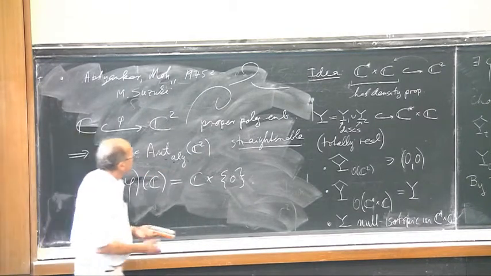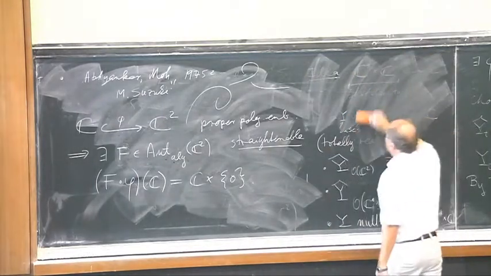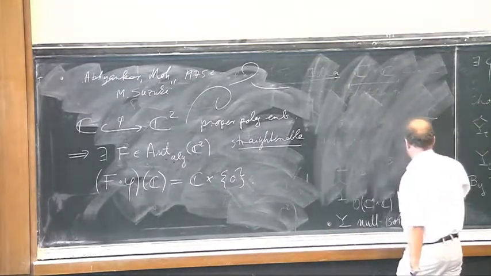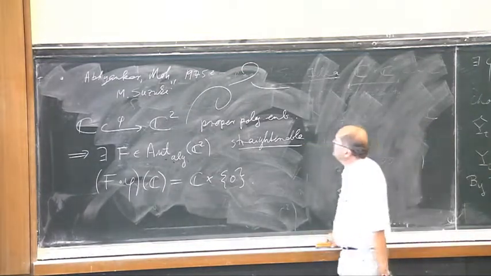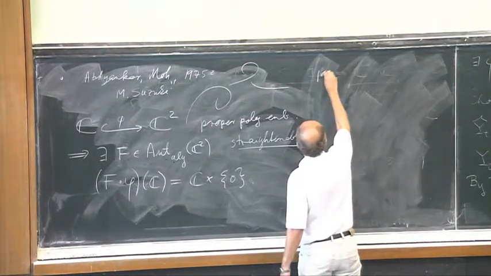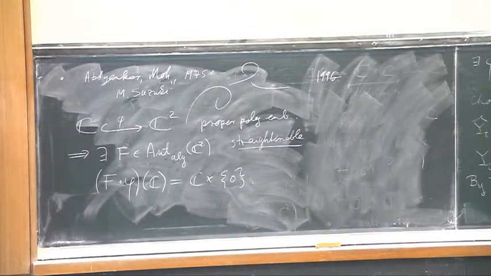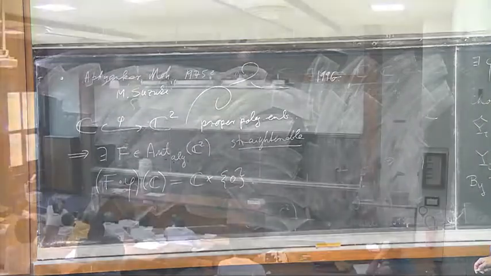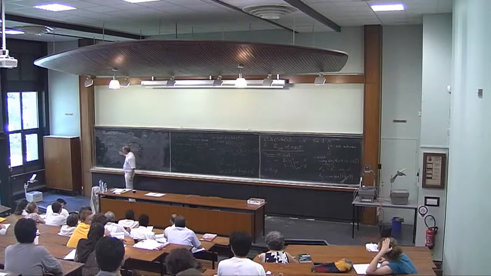But in any case, in 96, Rosay, Globevnik, and myself constructed... This is polynomial automorphisms of C2.